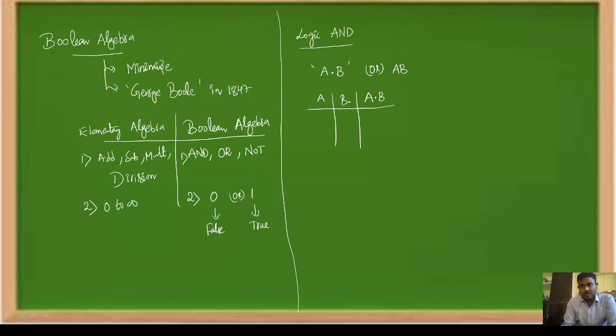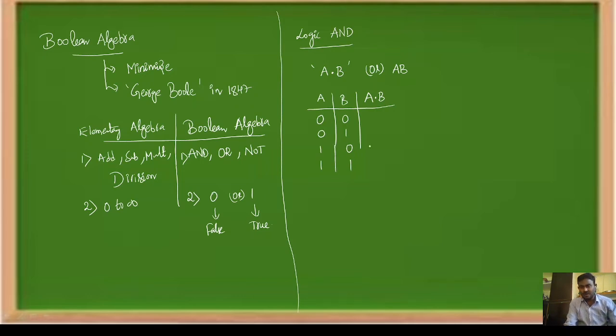What are the possible combinations with the two variables? There are basically four: A is 0, B is 0; A is 0, B is 1; A is 1, B is 0; A is 1, B is 1.